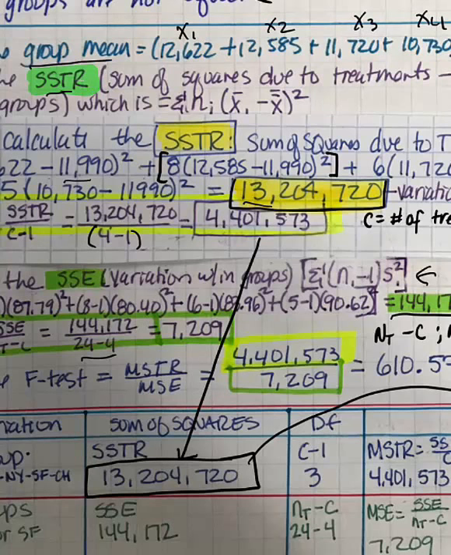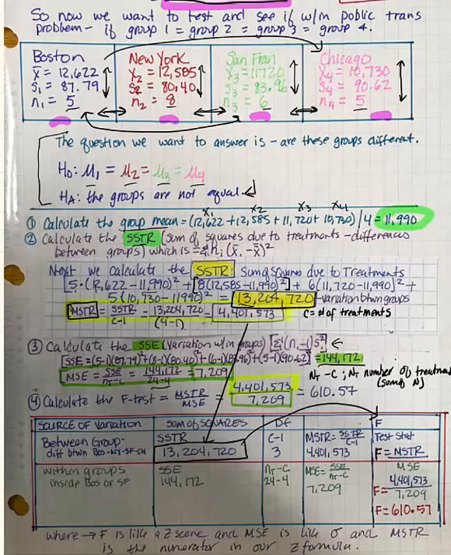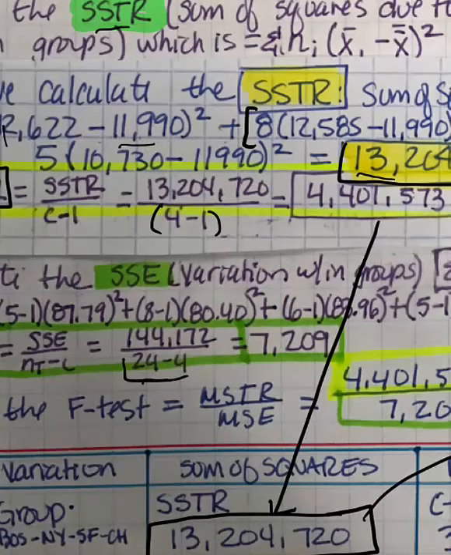So in our case it's going to be 5 plus 8 plus 6 plus 5, which happens to add up to 24 right there. So we take 24 and we subtract 4 from that, because that's C.